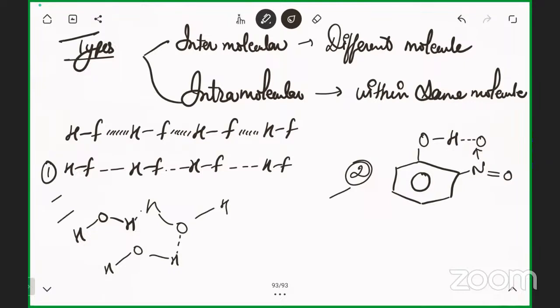Okay, now a basic question and my last question for today. Just think quite deeply. In case of inter or intra, which will have more boiling point or melting point?